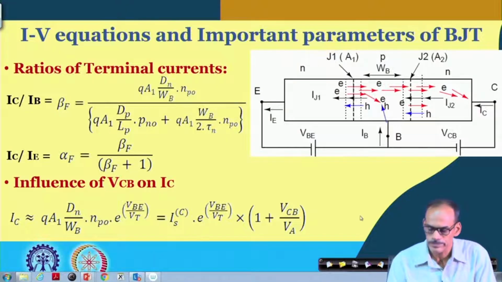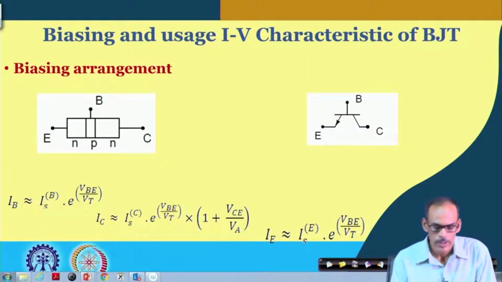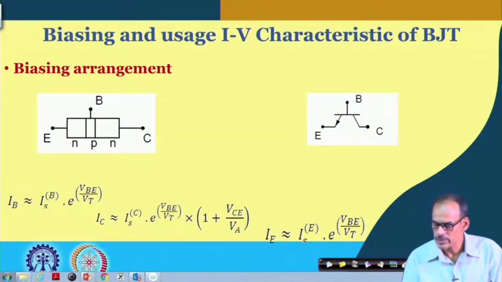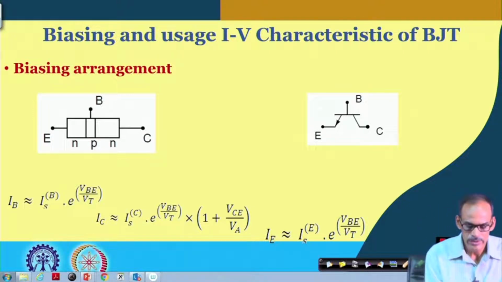So, here again we are coming back a little bit towards the biasing side, but you see that we do have an NPN transistor, and then we do have the two junctions of this transistor.